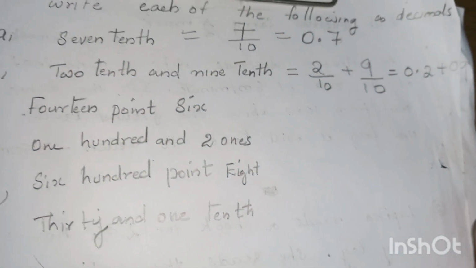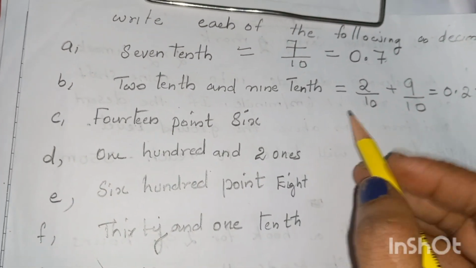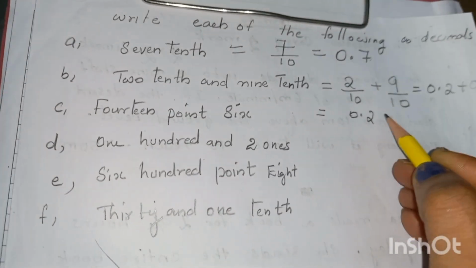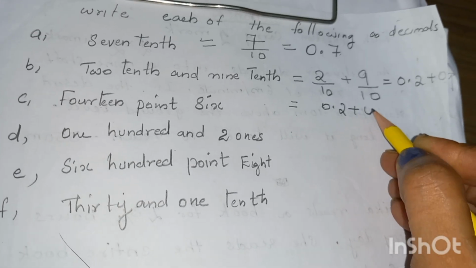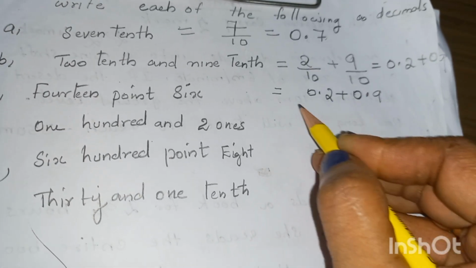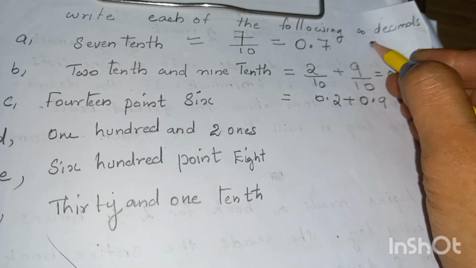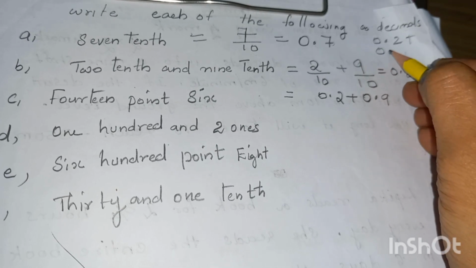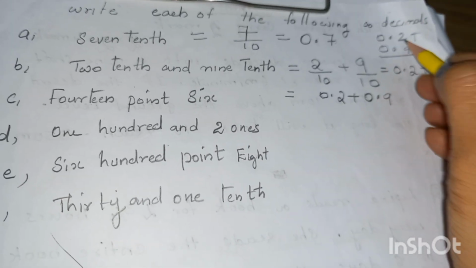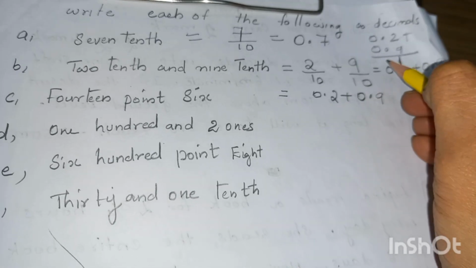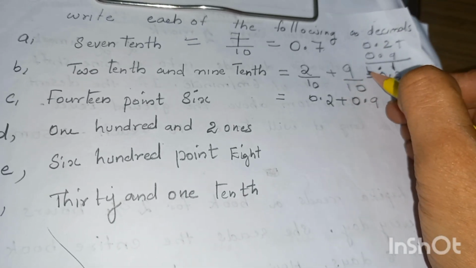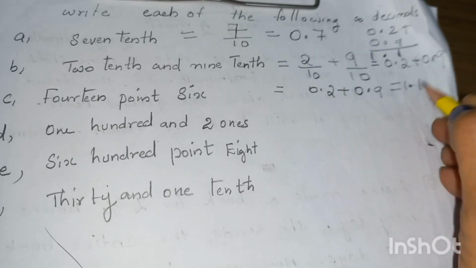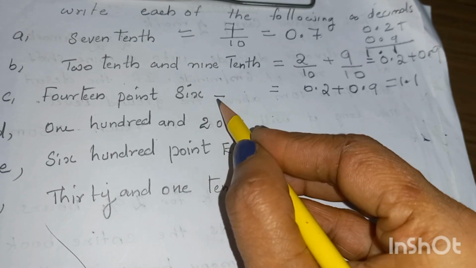So we get 0.2 plus 0.9. So the answer we get: 9 plus 2, 11. So we can write 1.1. So we get the answer 1.1. Okay.